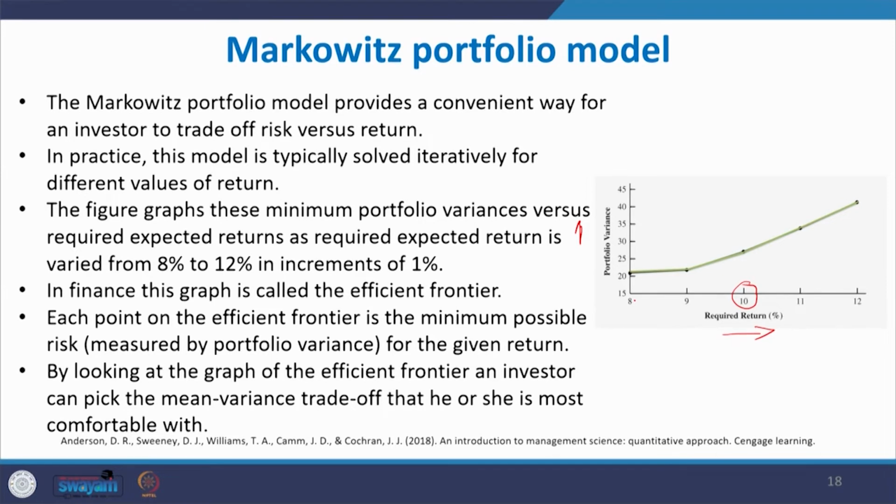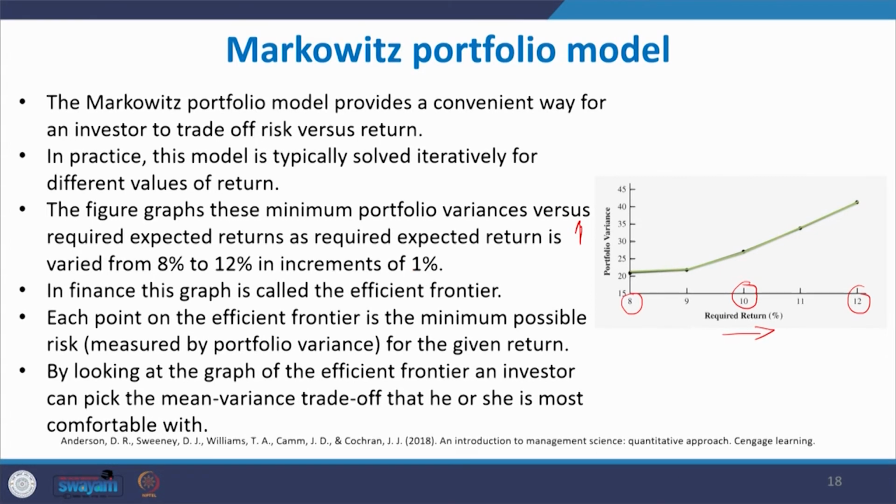Suppose the required return is 10%, we can see what the variance is. Suppose the return is 12%, you see that the variance is increasing. The figure graphs this minimum portfolio variance versus required expected return, as the required expected return is varied from 8 to 12 percent, in increments of 1 percent.